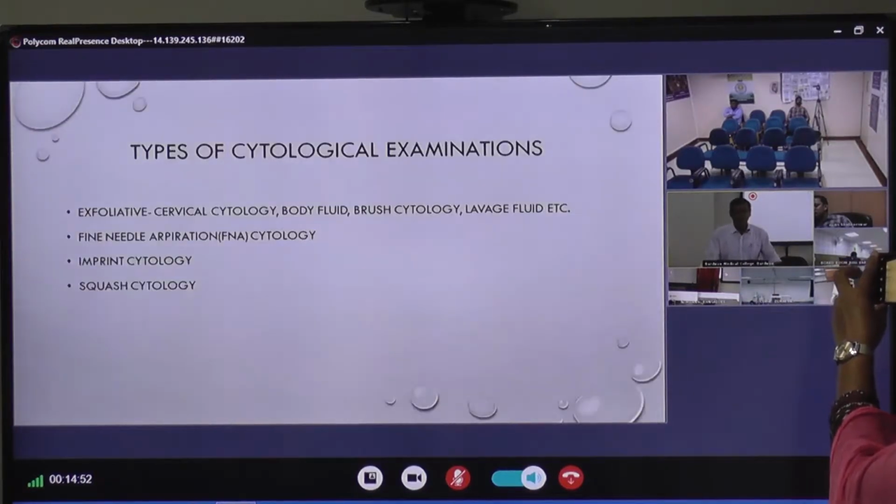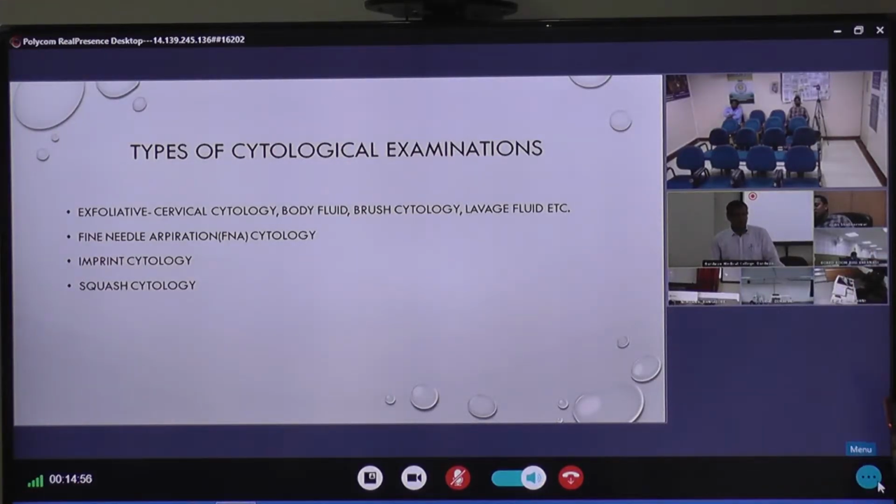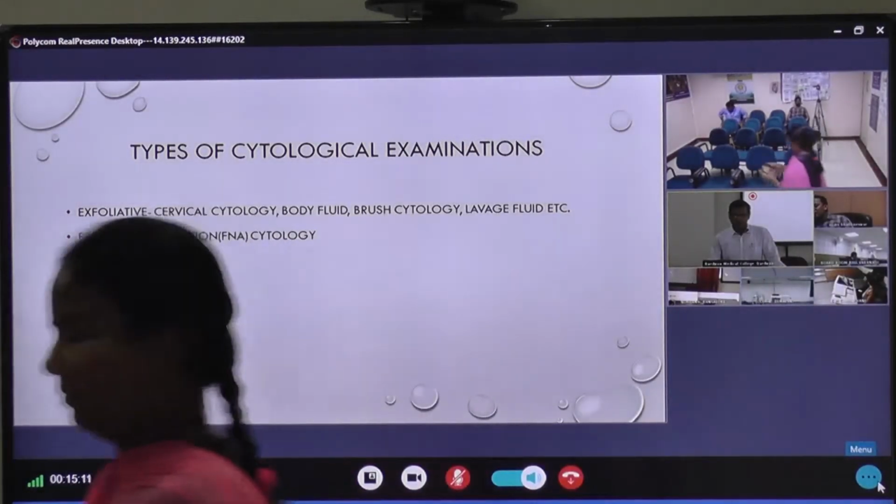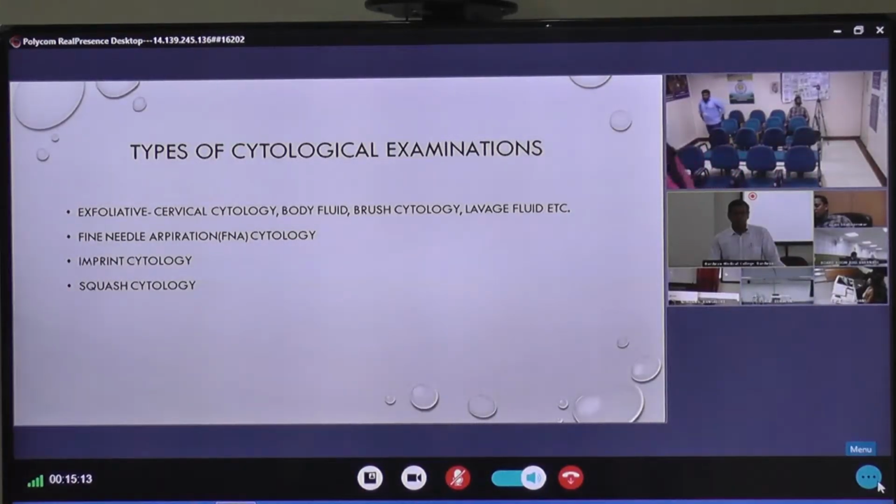According to the types of procurement of the cytology material, this can be exfoliative cytology, fine needle aspiration cytology, imprint cytology, and squash cytology. Cervical cytology, body fluid cytology, brush cytology in the form of bronchial brush, and lavage fluid like bronchoalveolar lavage are examples of exfoliative cytology.